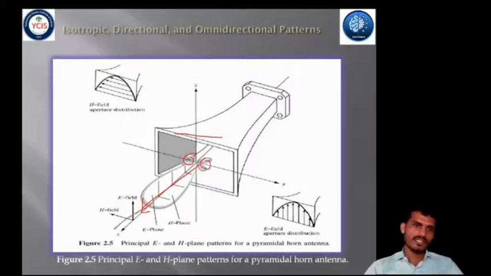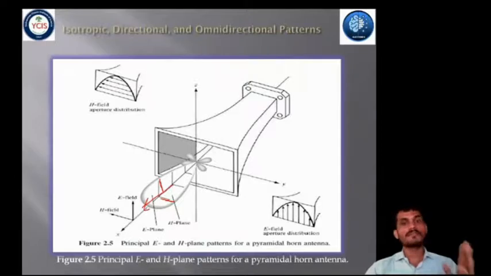Now this is the direction of propagation X, this is the H magnetic field, and this is the E, which is known as the electric field, and they are perpendicular to each other also. So this is your E plane and this is your H plane, and this is your direction of propagation in that particular lobe. That means a single lobe consists of electric field as well as magnetic field as well as direction of propagation.